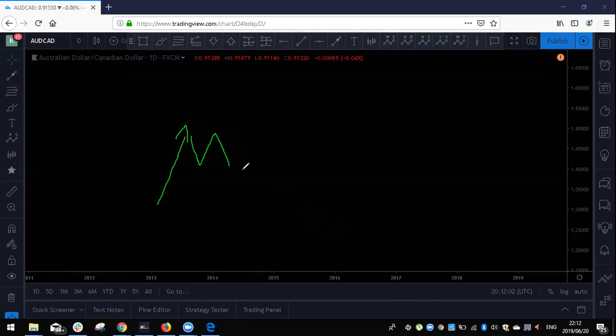While you're waiting for that flat correction, you see price is not moving as fast as it should. The moment you don't see momentum after a corrective structure, it usually means there's another structure coming. They can combine like this.